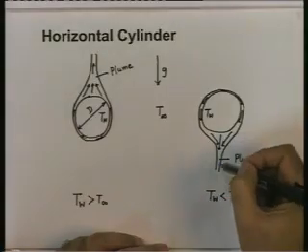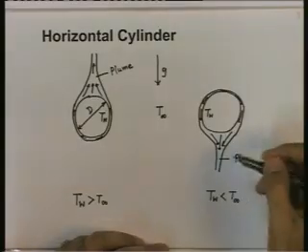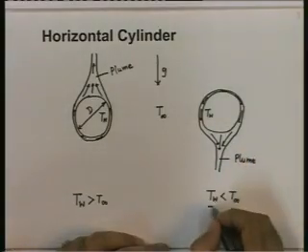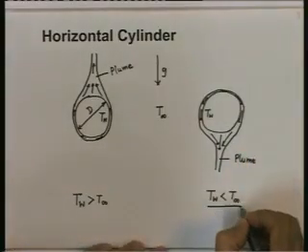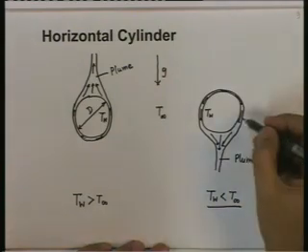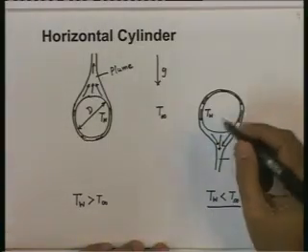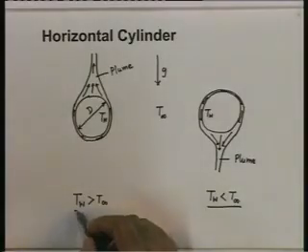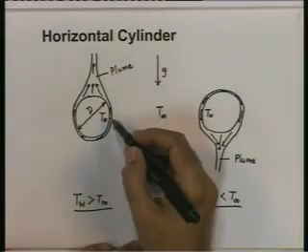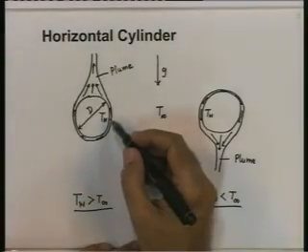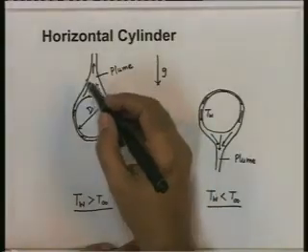Here the plume moves downwards because the wall temperature is lower than the free stream temperature. The fluid near the wall will become cooler, will become denser and will move down. In this case, when the wall is warmer, the fluid near the wall becomes hotter, so less dense and hence tends to move up.